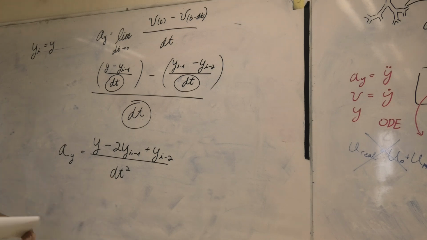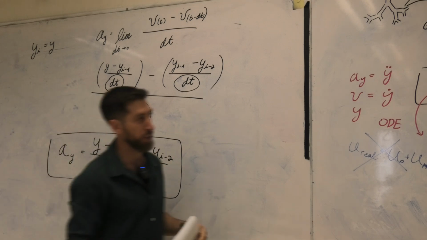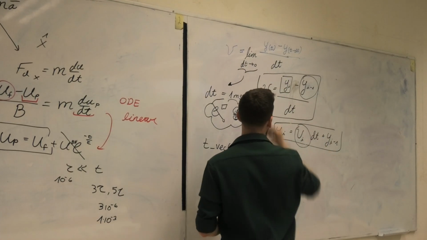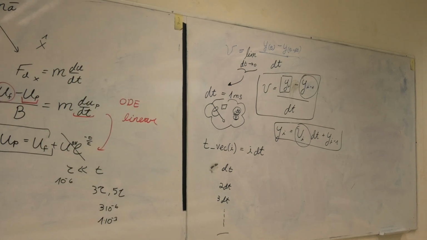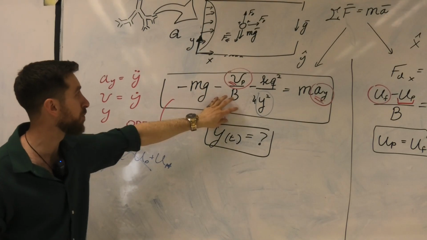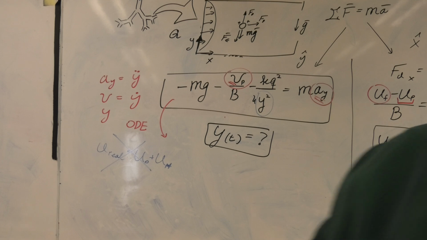You see it? So we found the acceleration term, and we found the velocity term. All I need to do is plug everything in here and hope the equation will not become so messy.